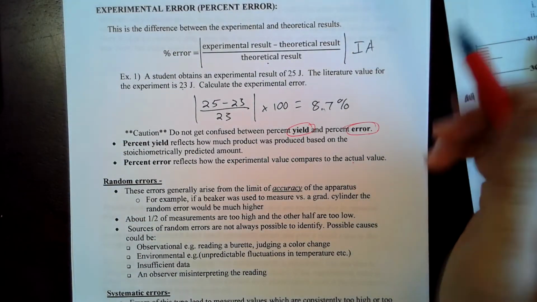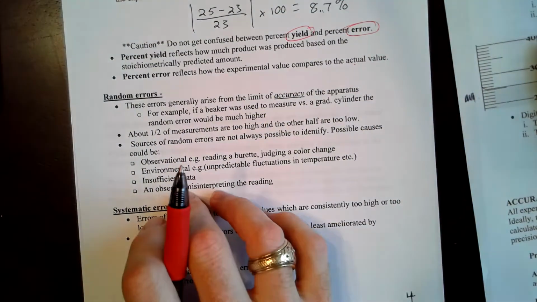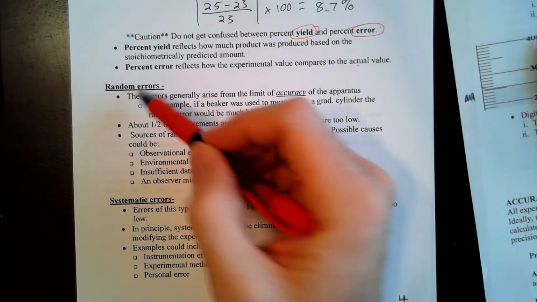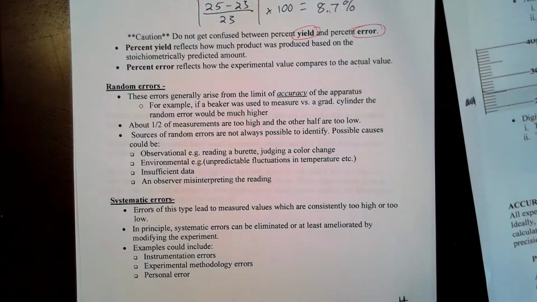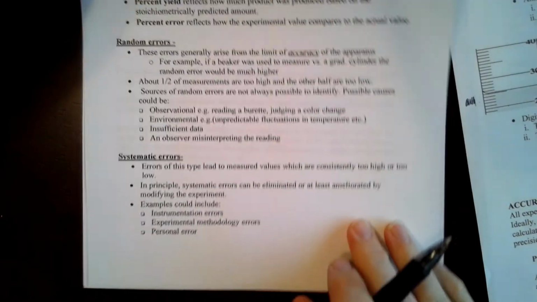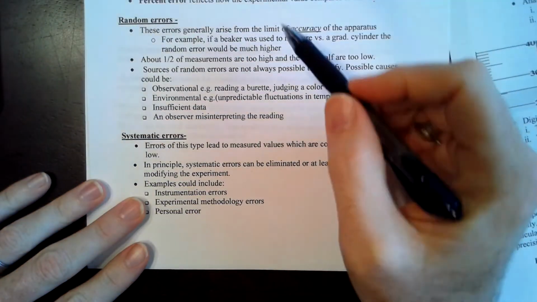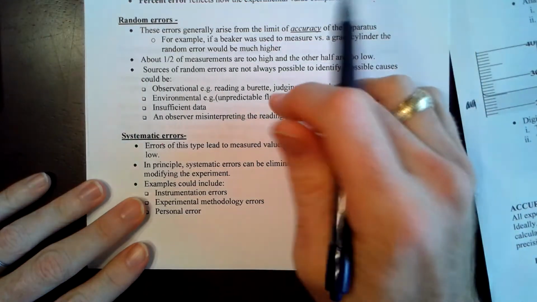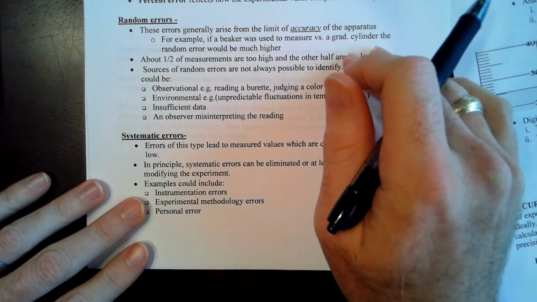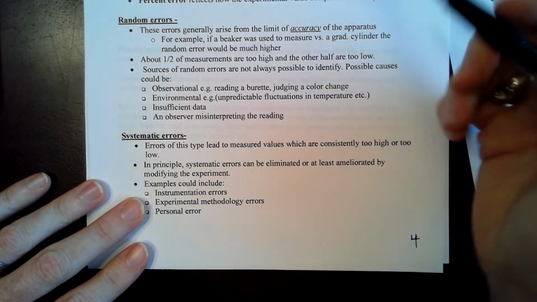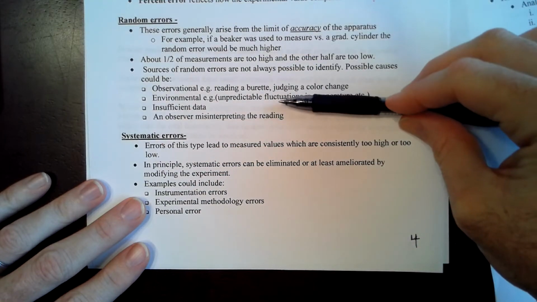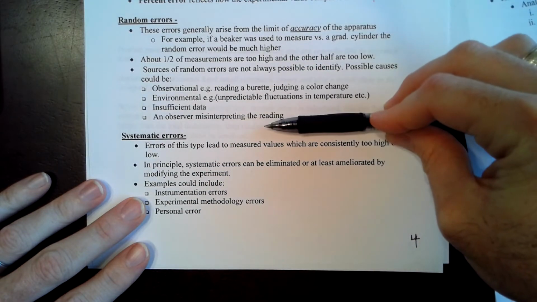So yield is a little different. You would just do the actual over theoretical. Now, for random errors and systematic errors, there are those two types. Random errors are errors that you can't get away from, and you will typically have answers that are too high and too low. So we run multiple trials.